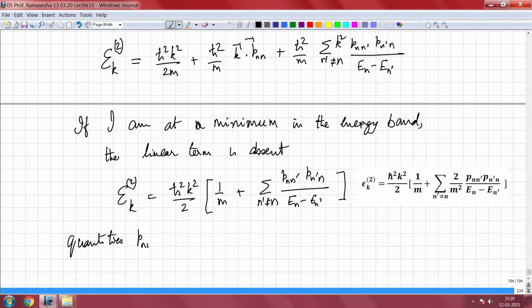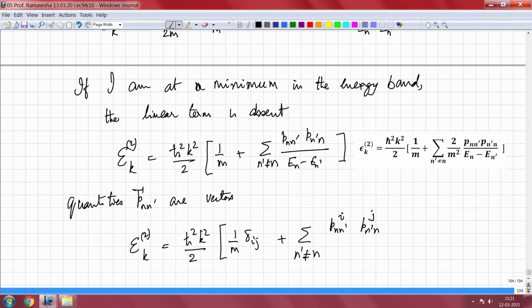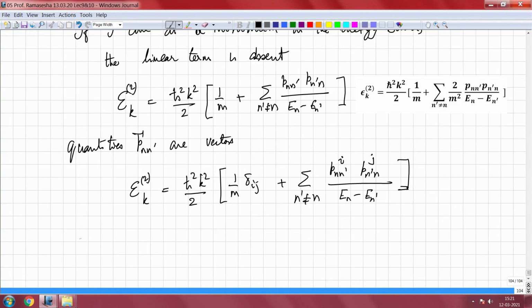Well, even here I have to be a little more careful because the quantities p_nn' are vectors. So, if I consider them as vectors, then I have E_2k equal to ħ²k²/2 into [(1/m)δ_ij plus sum over n' not equal to n of p_nn'^i p_n'n^j divided by E_n minus E_n'], and this is what I will get for the second order energy.